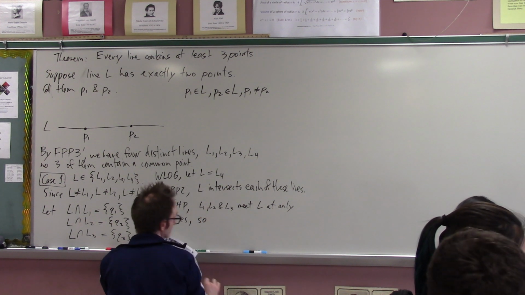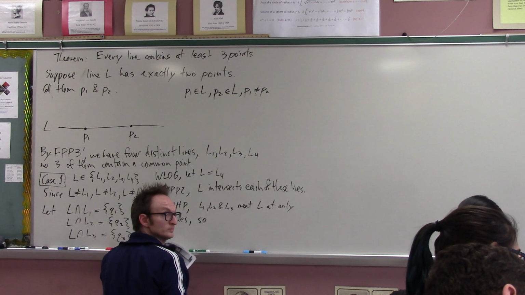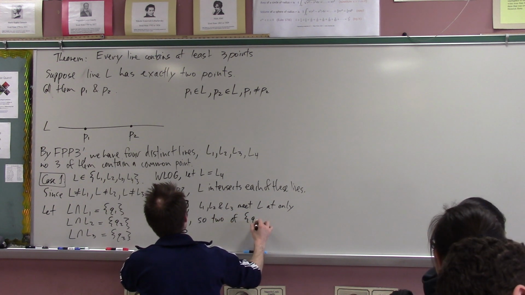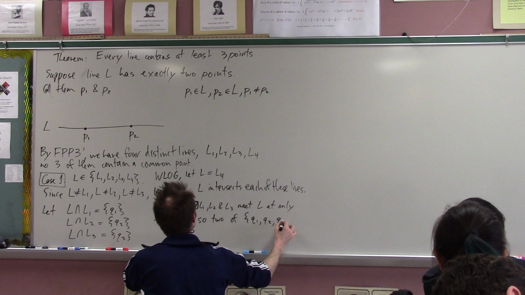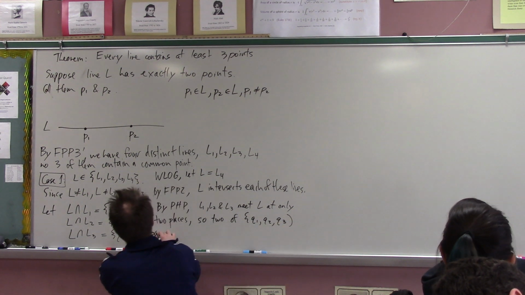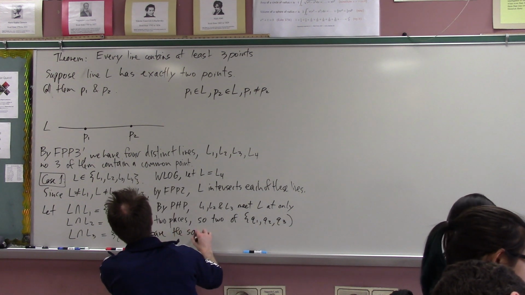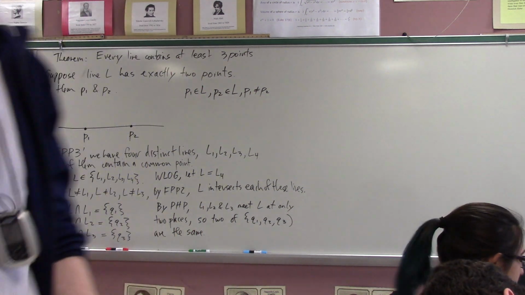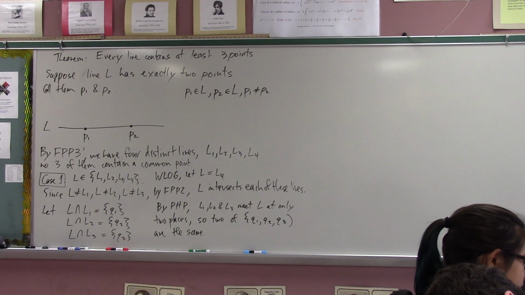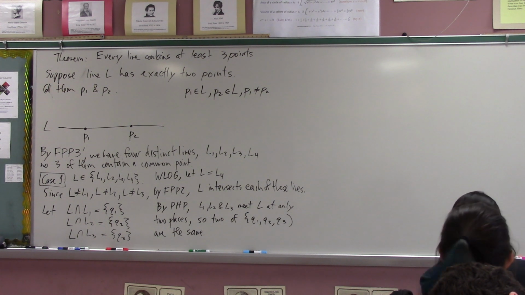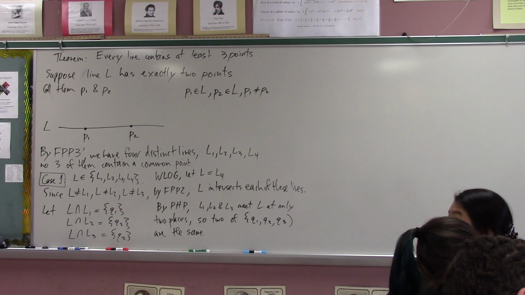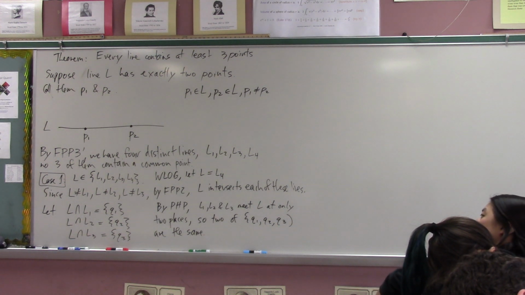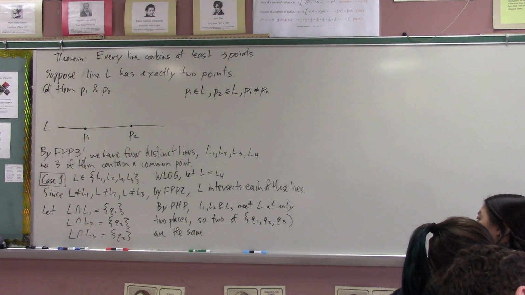So 2 of Q1, Q2, Q3 are the same. I got 3 lines meeting L, but there are only 2 places on L for those 3 lines to meet. So of those 3 points of intersection, 2 of them must be the same.